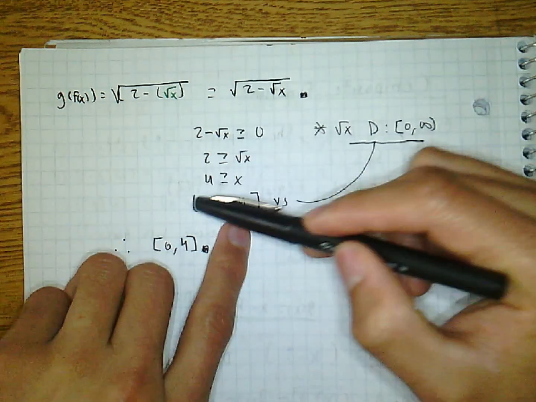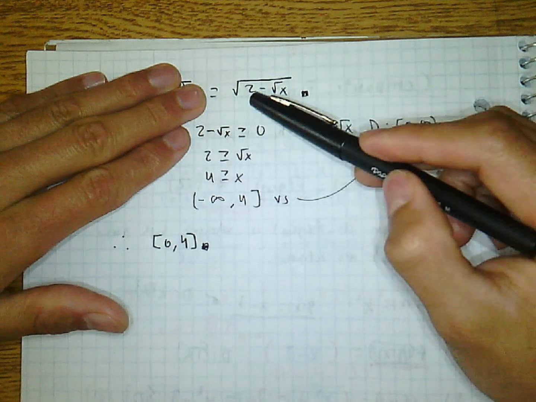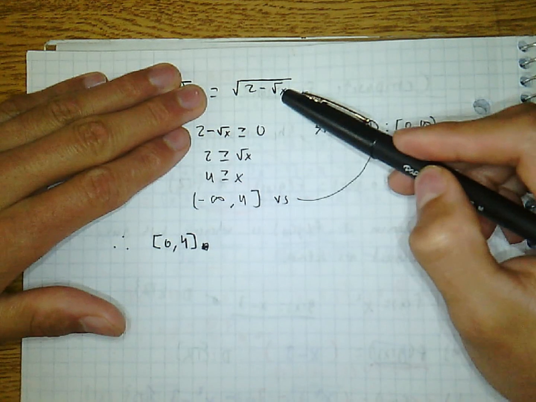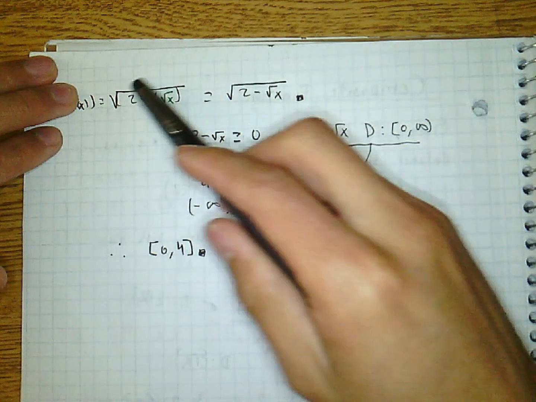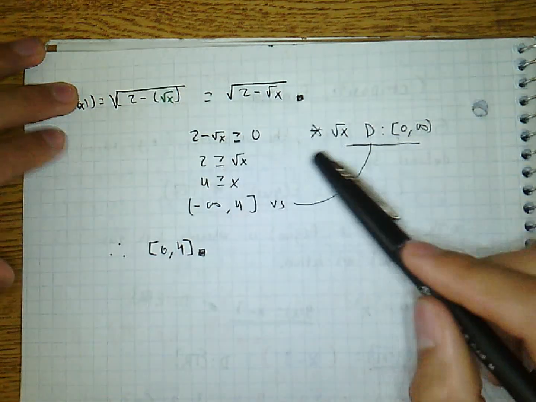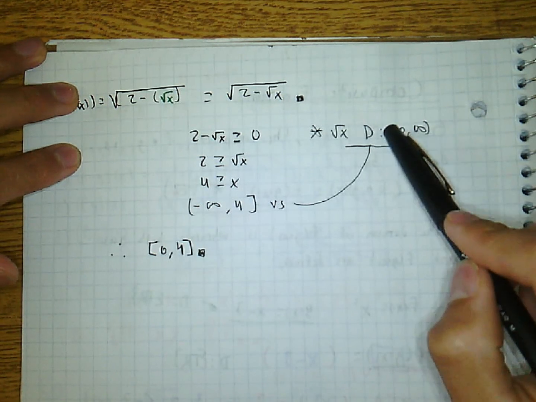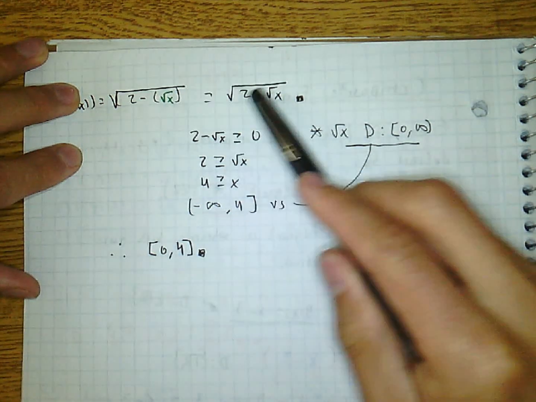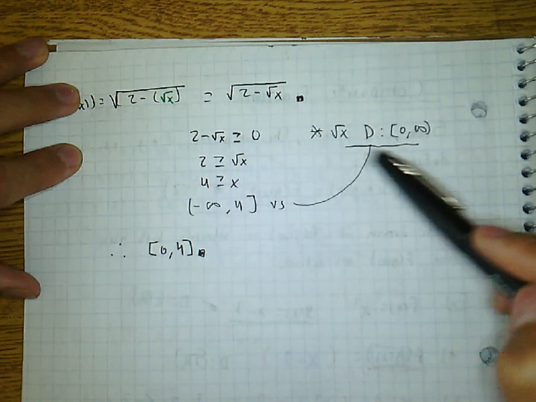However, that's what the domain would be if this was what you were originally given. But this does not exist without having previously done this step. And because this step restricts your domain from 0 to infinity, we have to use this to restrict our final domain. So even though the domain of this entire thing is negative infinity to 4, this has to be restricting that.